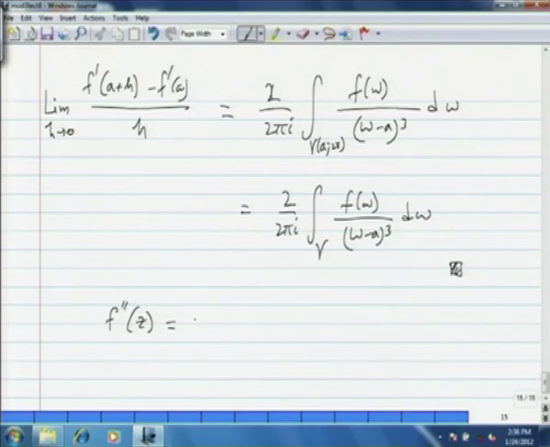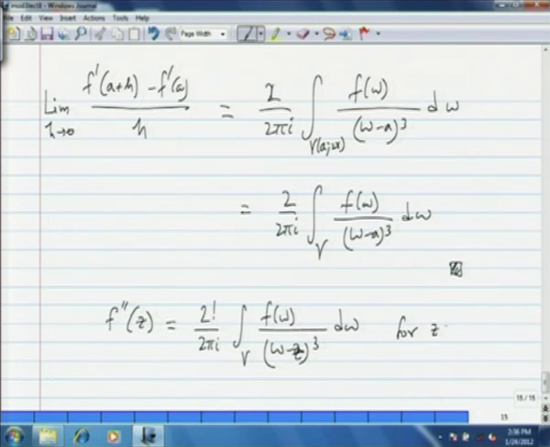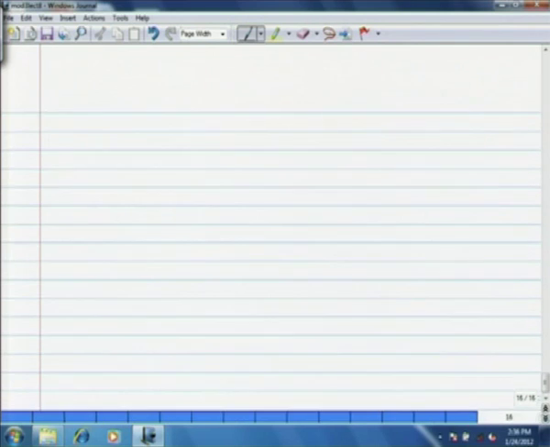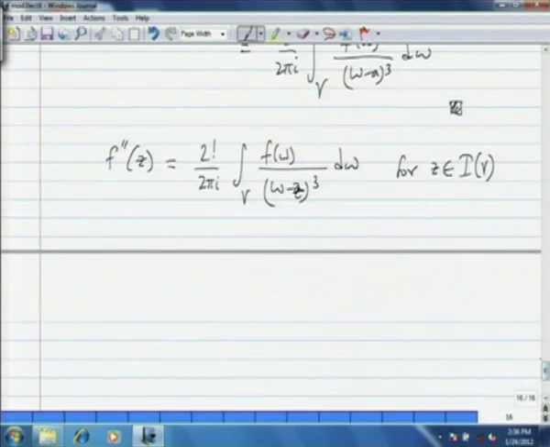So, f double prime of z is 2 by 2 pi i, or 2 factorial by 2 pi i, integration over gamma of f of w by (w minus z) cube dw, for z belonging to the interior of gamma. So, that is the proof of part 1.